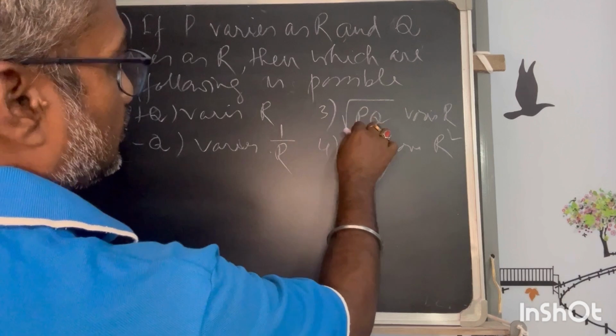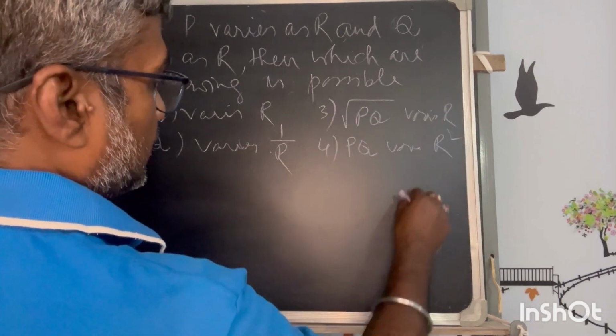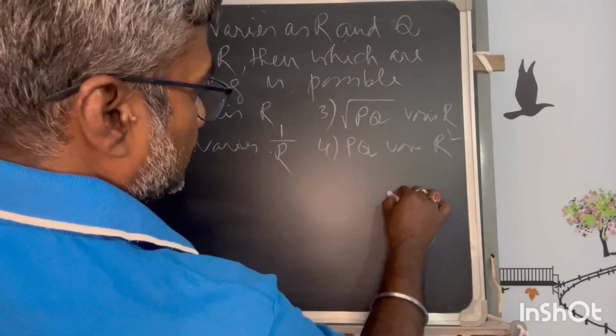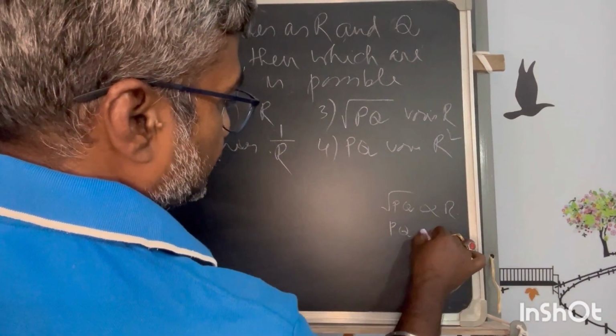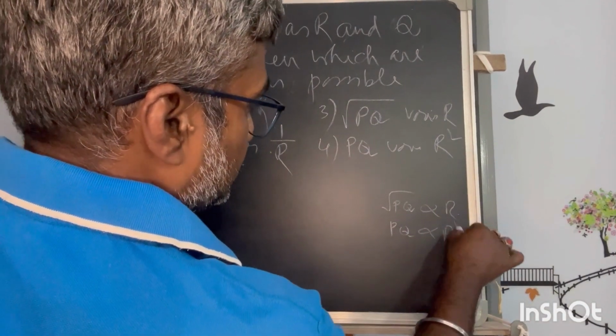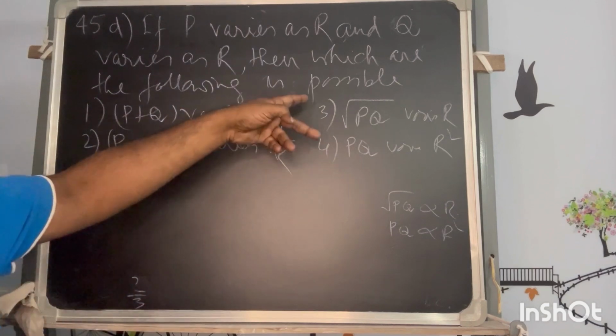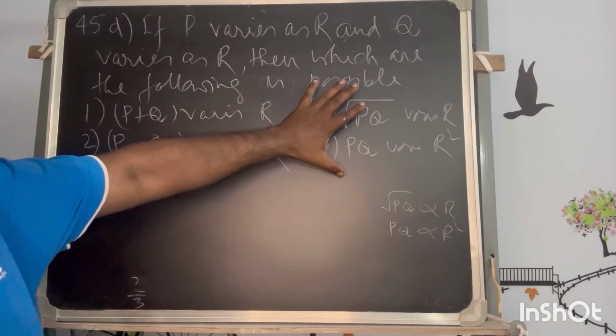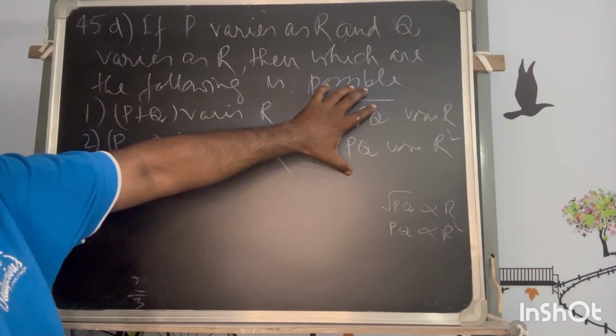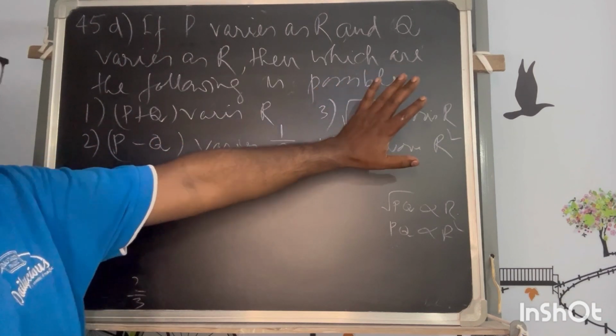same, because root of PQ varies with R. If I say PQ varies with R, then if I square it up, PQ varies as R square is a straightforward relation. So if it is true, this also has to be true. So from that, we'll leave these two alone.